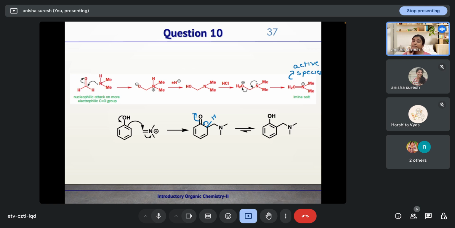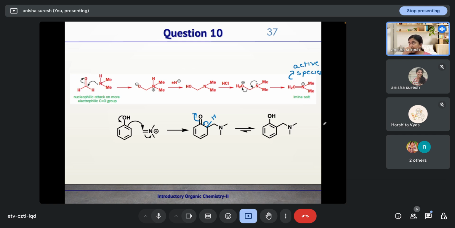What could be the reason for formation of ortho product as a major compared to that of para? Yeah, OH is electron releasing group.